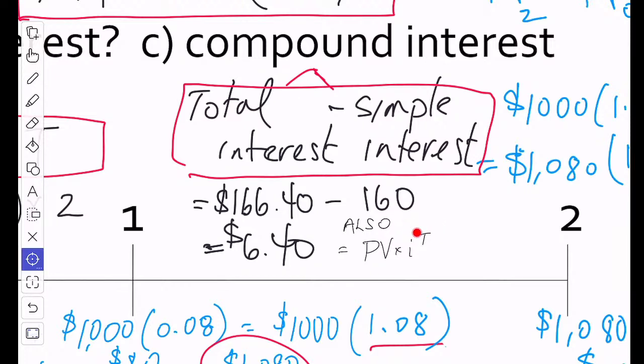It has the exponential, so it's just the present value times the interest rate again and again.